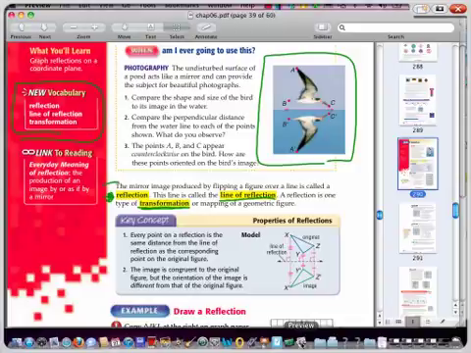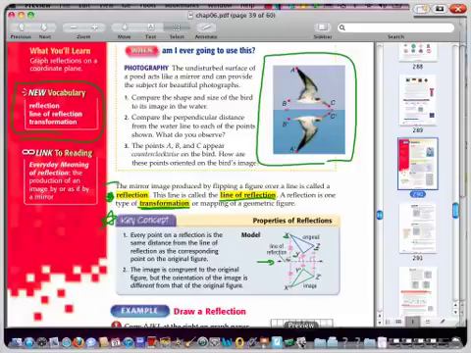So let's take a look at this key concept down here. And notice that we've got this original triangle XYZ. And what we're going to do is we're going to say, let's reflect it over this line right here. When we reflect something over a line, the opposite point should be exactly as far away from the line as the original point.